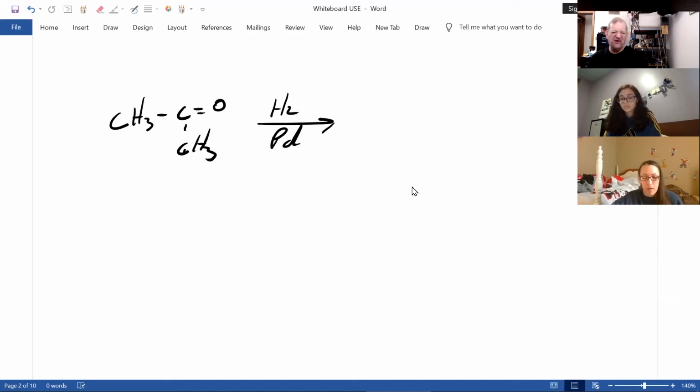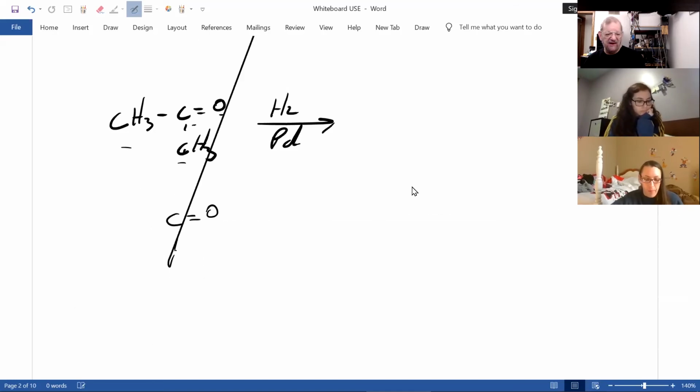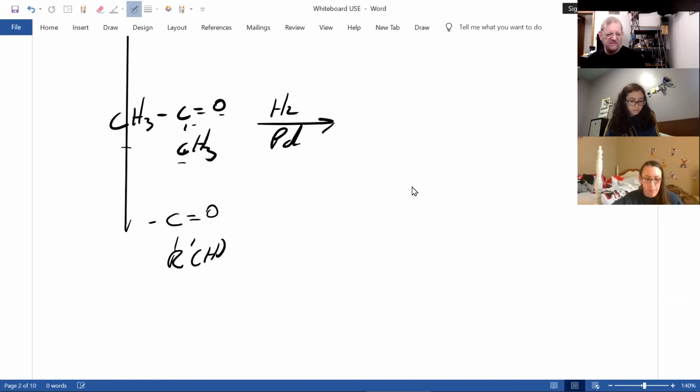All right, let's take a look at this. What's different? Oh, look, oxygen double bond to carbon with carbons here. This is a ketone. Could have been an aldehyde. And we're reacting with hydrogen.